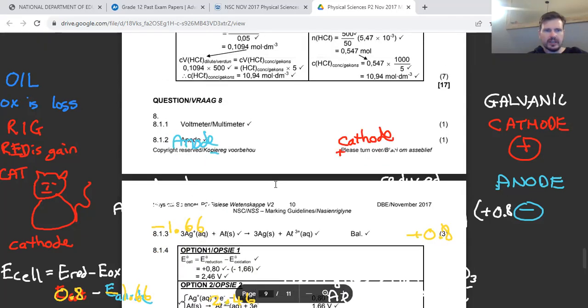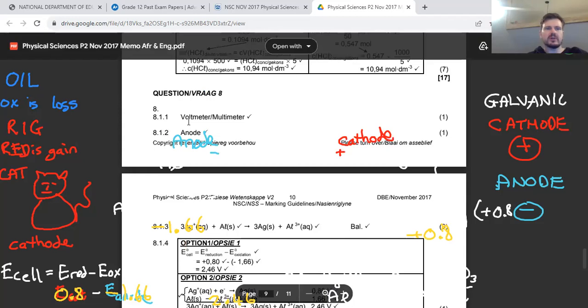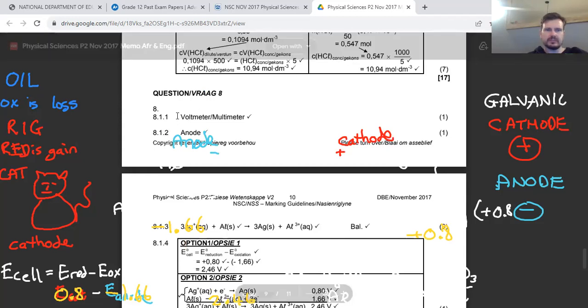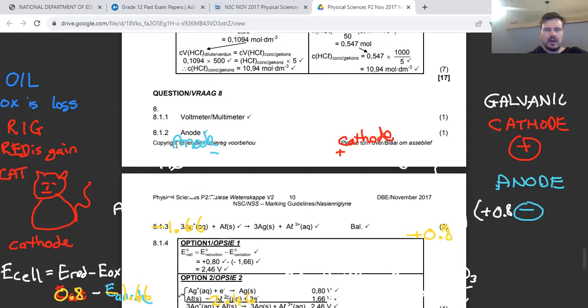That was question 8. Okay, so it was a voltmeter. So it was the first thing I said, because I suppose it's measuring the voltage. If it's just telling you the direction, it's a galvanometer, but don't worry, voltmeter is good. And then we said it was the anode, right?